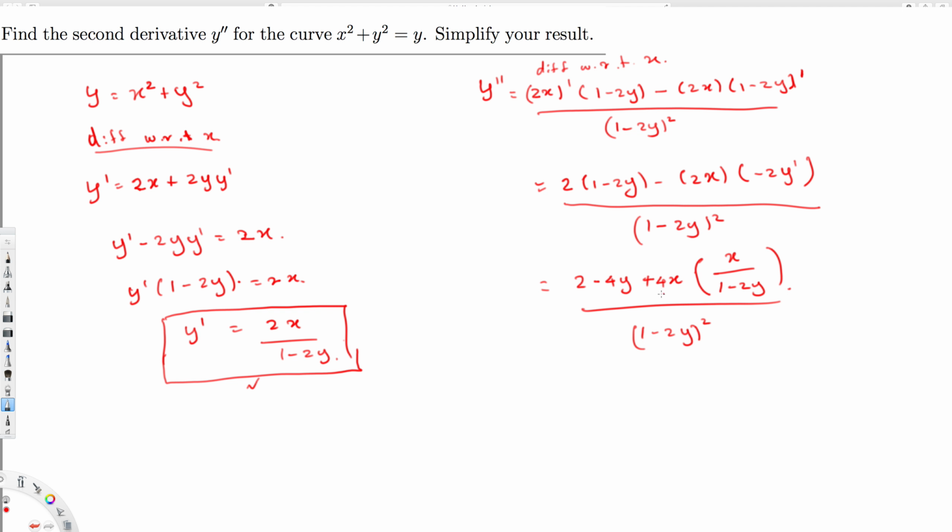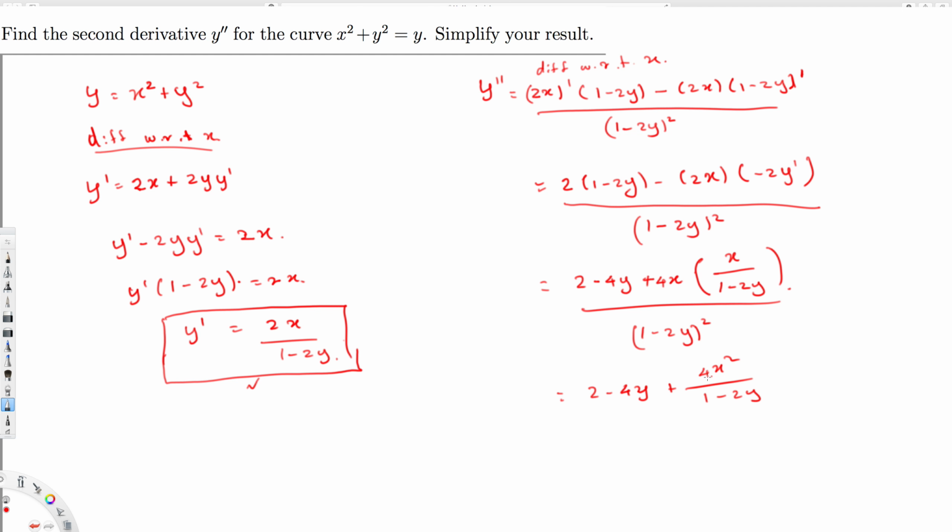Therefore, what I can do is take a common denominator for both of them. So to take the common denominator, first, 2 minus 4y plus, if I multiply 4x by this one, it's going to be 8x square over 1 minus 2y.